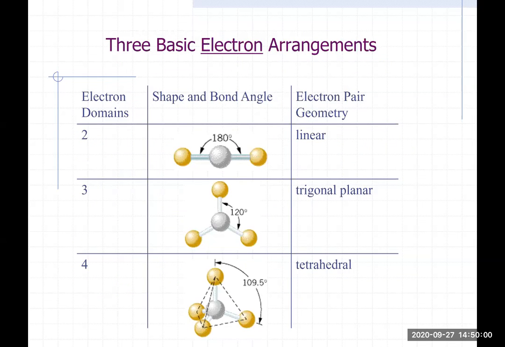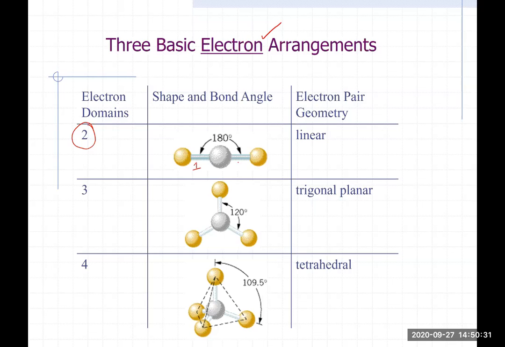So here are the basic electron arrangements, and you notice that I have electron underlined here. So we're looking at electron arrangement geometry first. Then we will look at molecular arrangement geometry. Again, this table is showing us what we looked at on the previous slide. 2 electron domains. This is electron domain 1, this single bond.